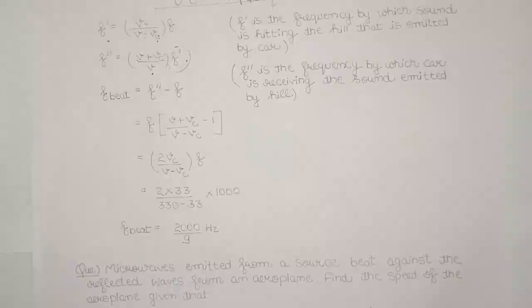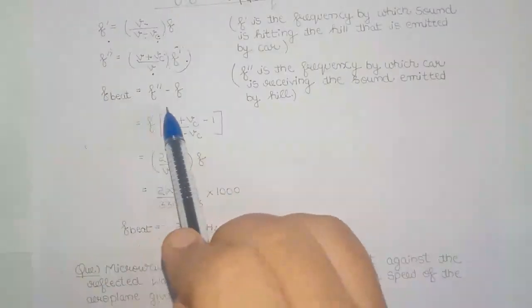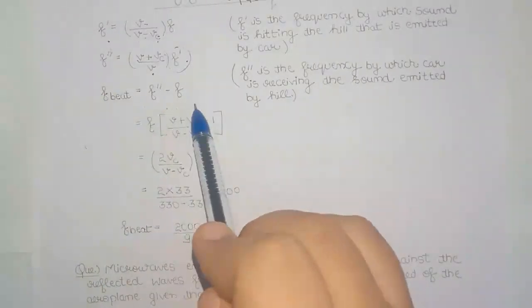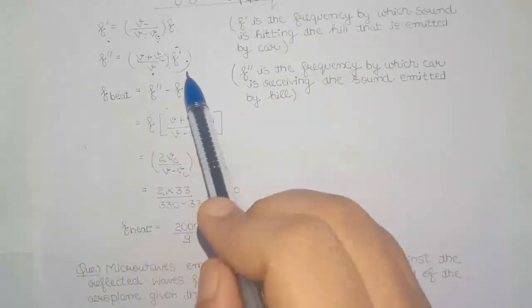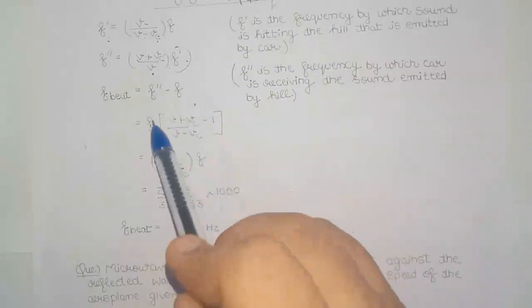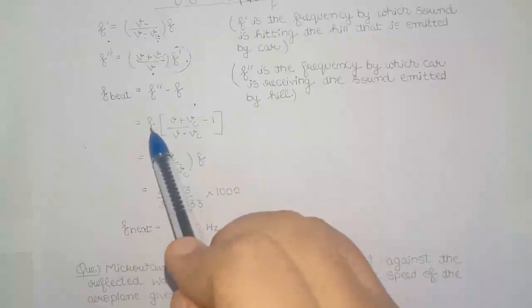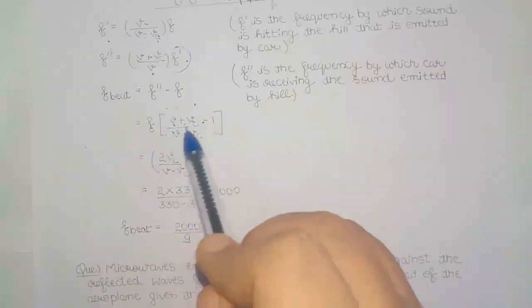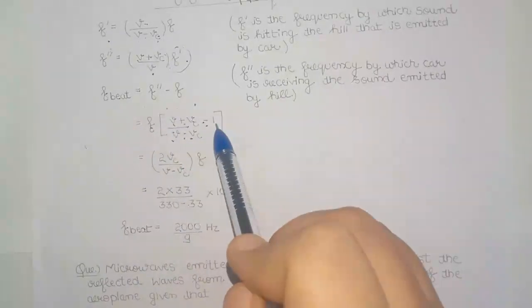Now the beat frequency is given by F double dash minus F. So subtract this. F into V plus Vc divided by V minus Vc, minus 1.